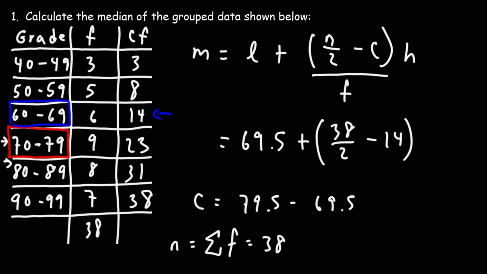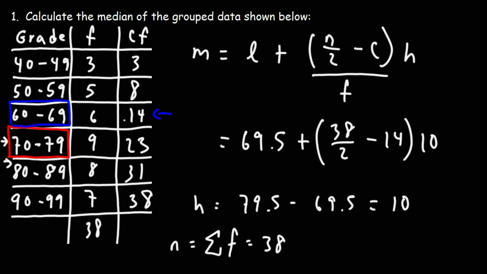H, which is the width of those two boundaries, is going to be 79.5 minus 69.5, which is 10. And it makes sense. There's 10 numbers in this interval. So that's our H value. H is 10. So it's not 79 minus 70, which will give you 9.